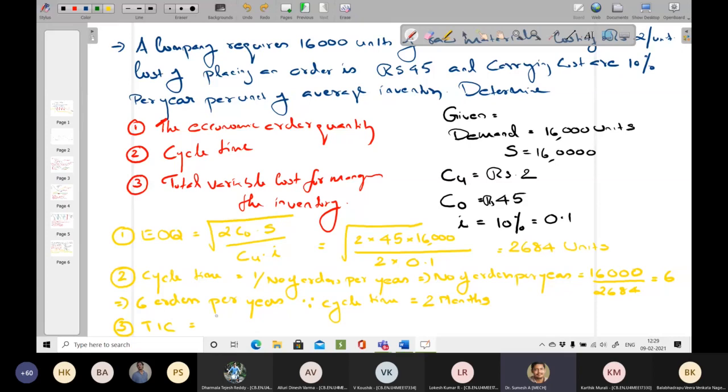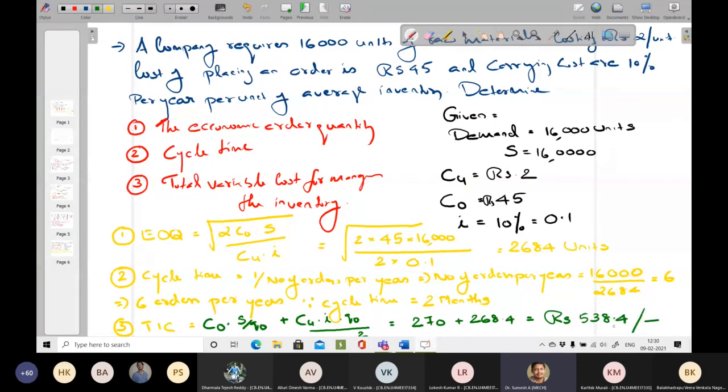The second term is plus Cu into I into Q naught whole divided by 2. So that's term number 2. You can substitute it. The first term you will get as 270, the second term you will get as 268.4, and the total cost will be rupees 538.4.